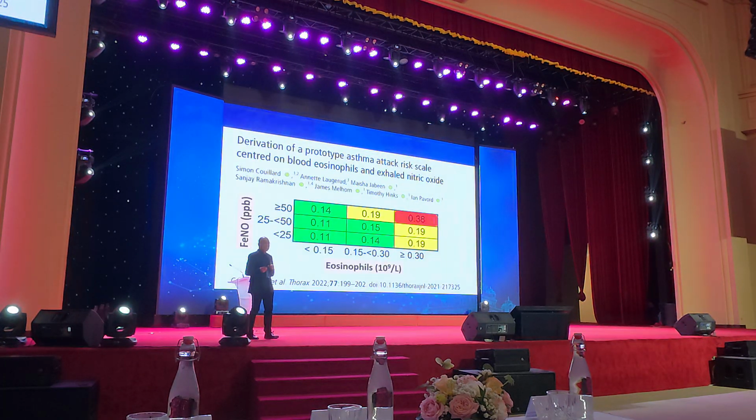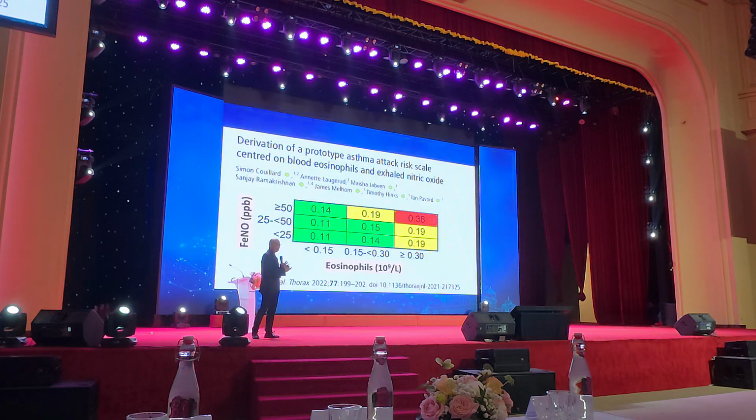And with that, now things are simple, but there is another thing that I have to share with you, that for both biomarkers, there is not one threshold, but there are two thresholds, a high one and a low one. For example, for FeNO, the high threshold will be over 50, and the low threshold will be over 25.